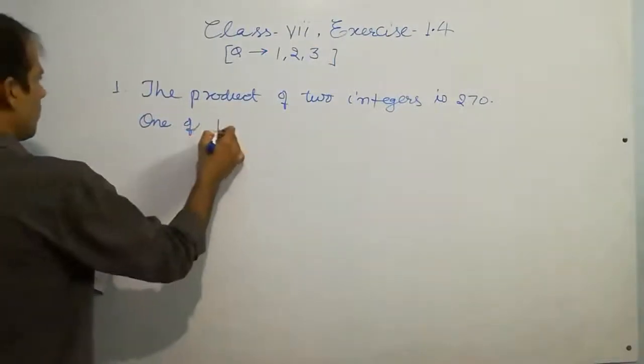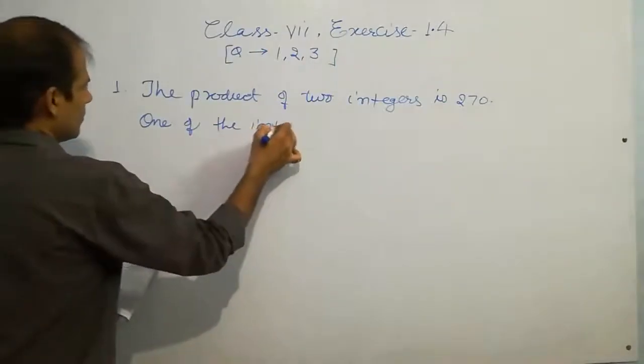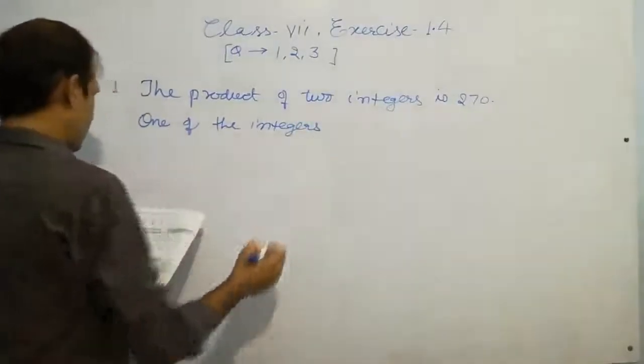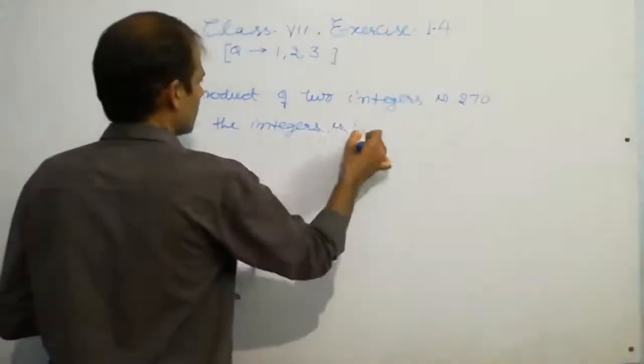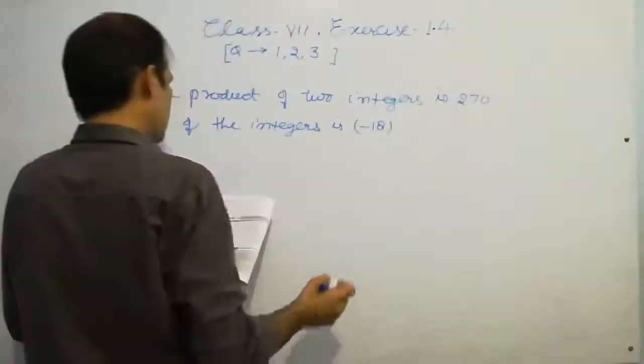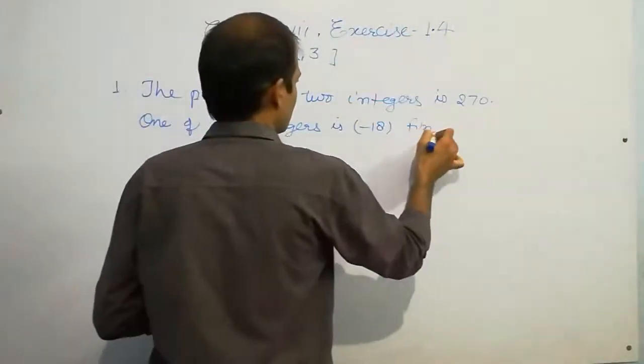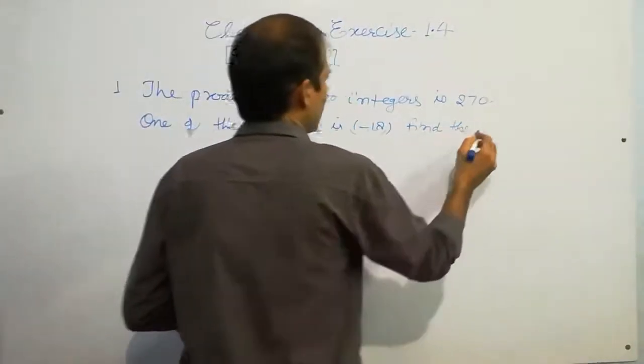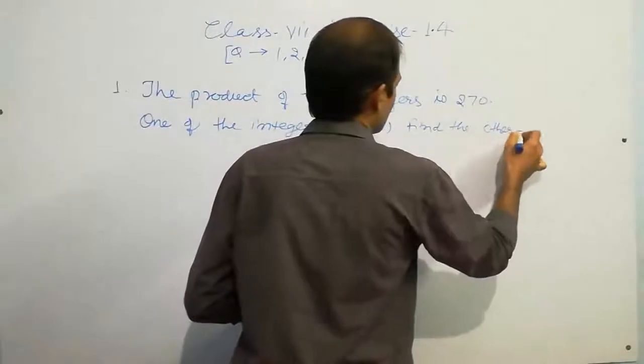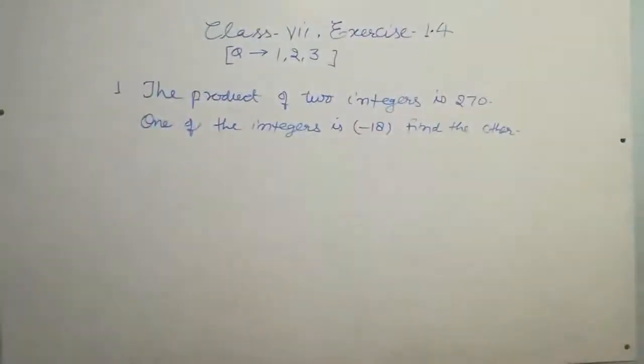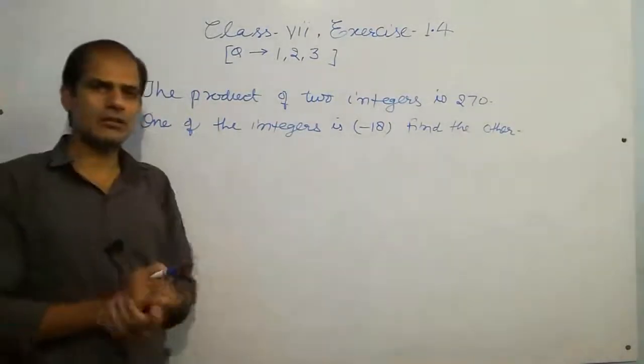One of the integers is minus 18. Find the other. So let's check the question. The product of two integers is 270. One of the integers is minus 18. Find the other.